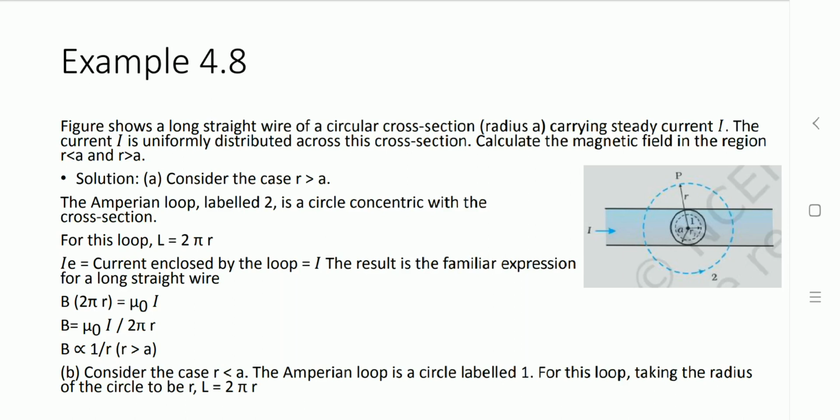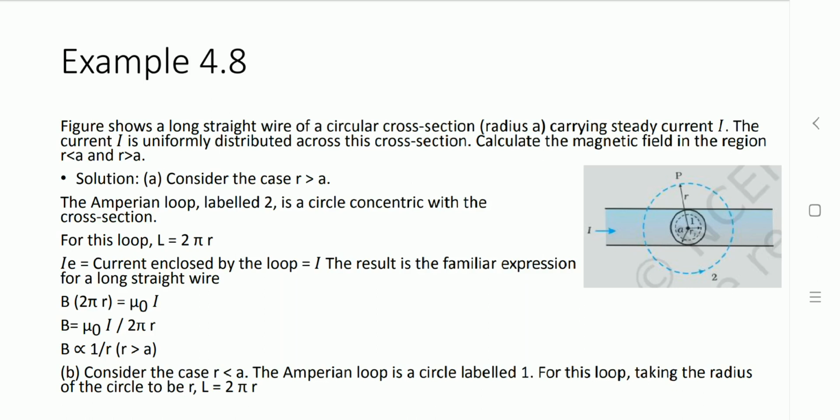So my result is I R square upon A square. Put this result into Ampere's law equation, B equals mu 0 I upon 2 pi R. Replace that I with IE, that is I R square upon A square. So my result becomes mu 0 I R upon 2 pi A square.